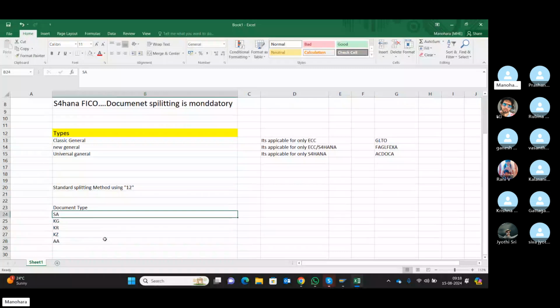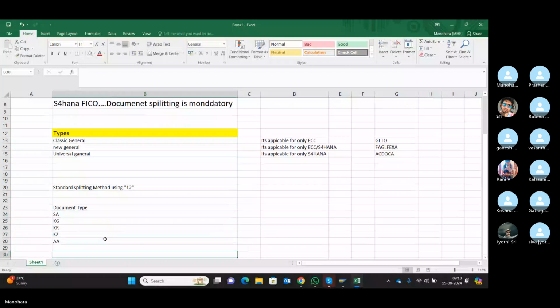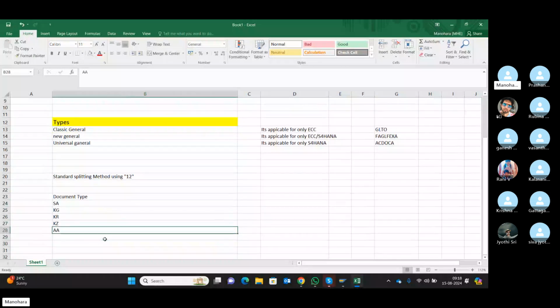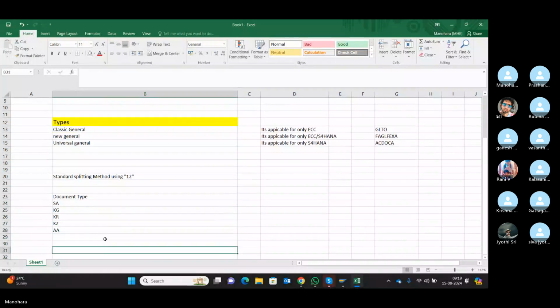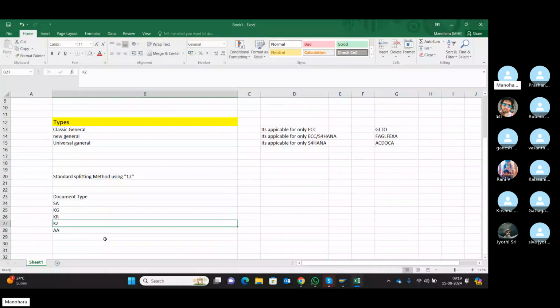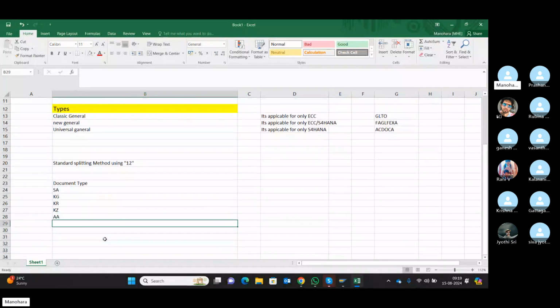There are documents like these. The document will segregate whether you are posting a debit entry or a credit entry. When the debit or credit entry happens, it will be grouped and segregated. One document is either a vendor document or a customer document, and based on that the system will understand and split the line items. I will show you this logic in SAP. Give me some time, and we'll explain in detail.